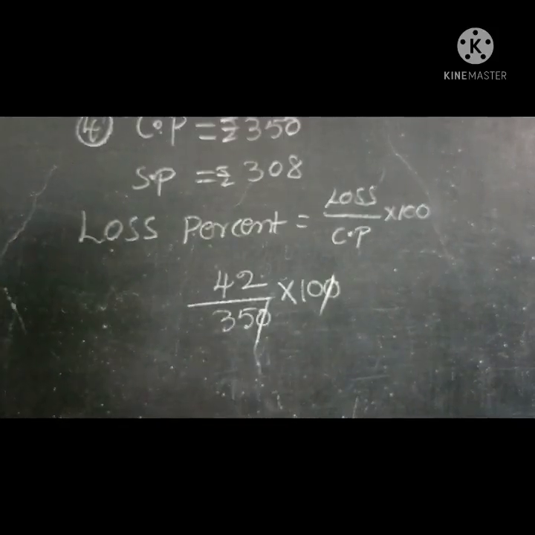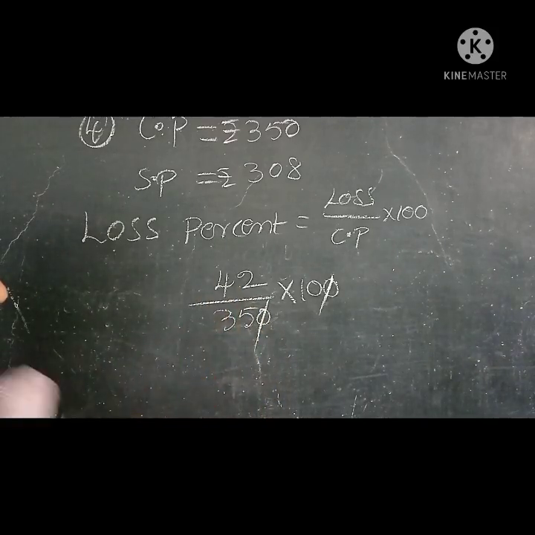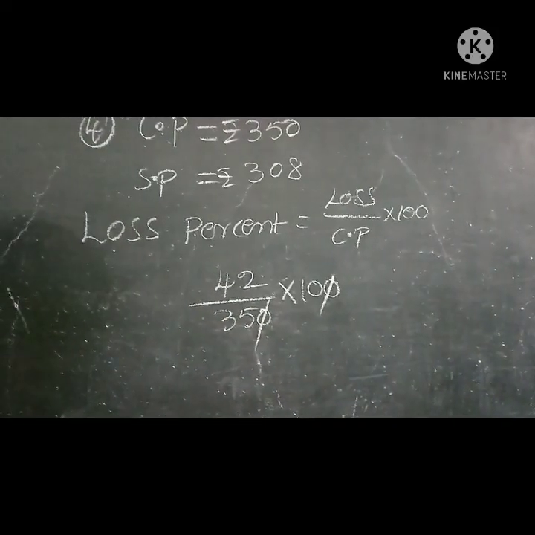Cancel this 0. Okay now. Cancel these 2 zeros. 42 by 35.